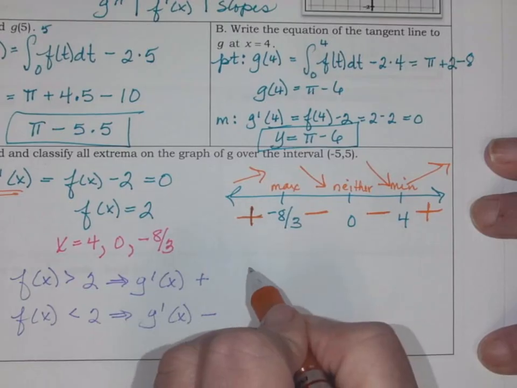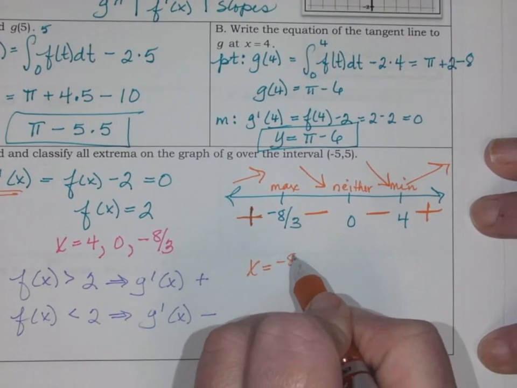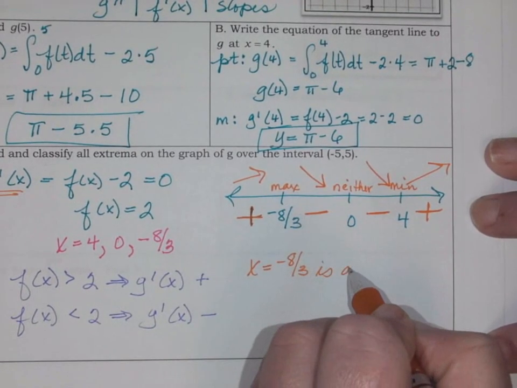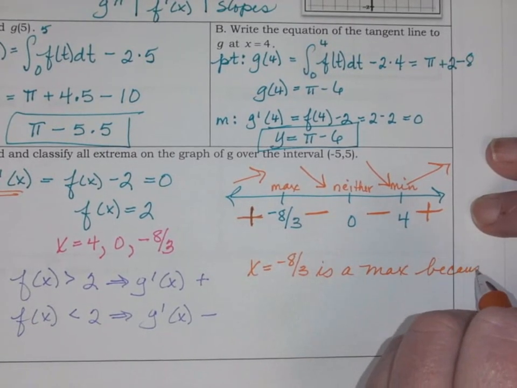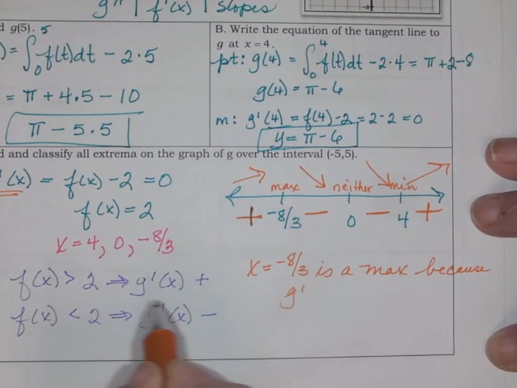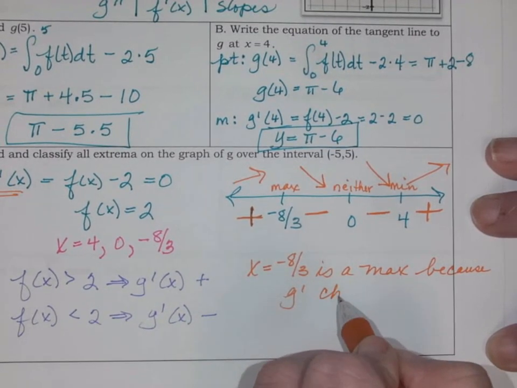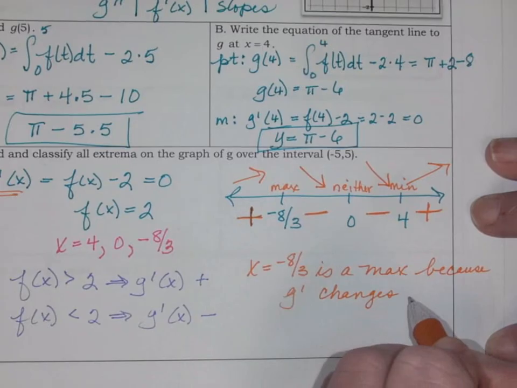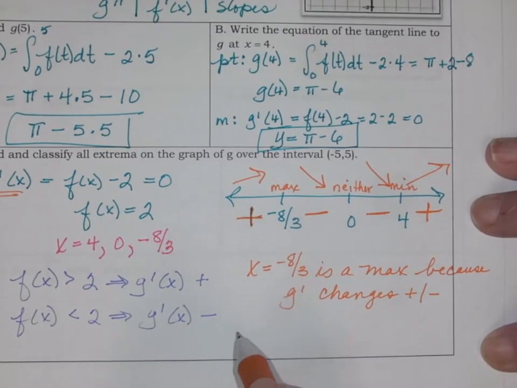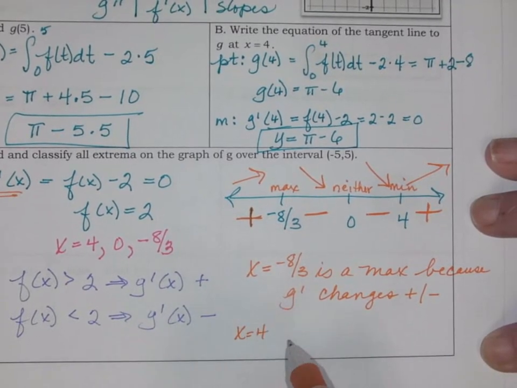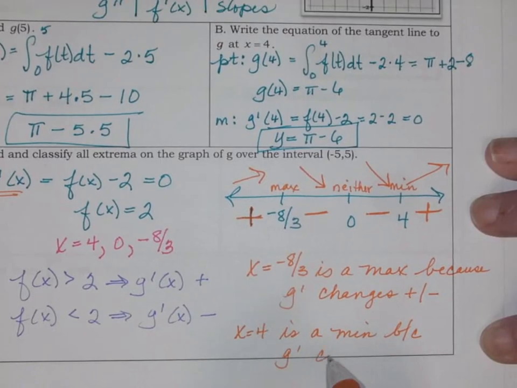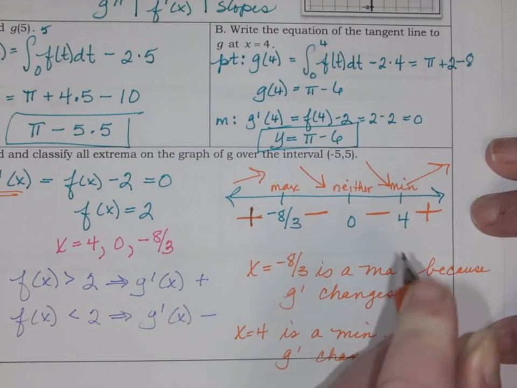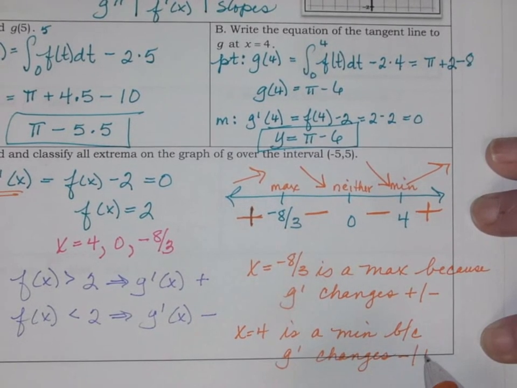So then our answer: x equals -8/3 is a max because g', we're talking about g now, changes from positive to negative, and x equals 4 is a min because g' changes, this time from negative to positive.